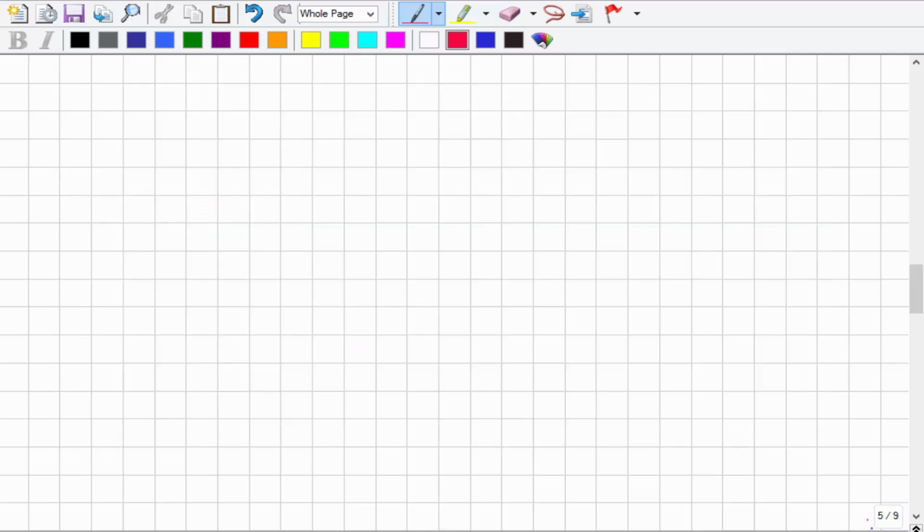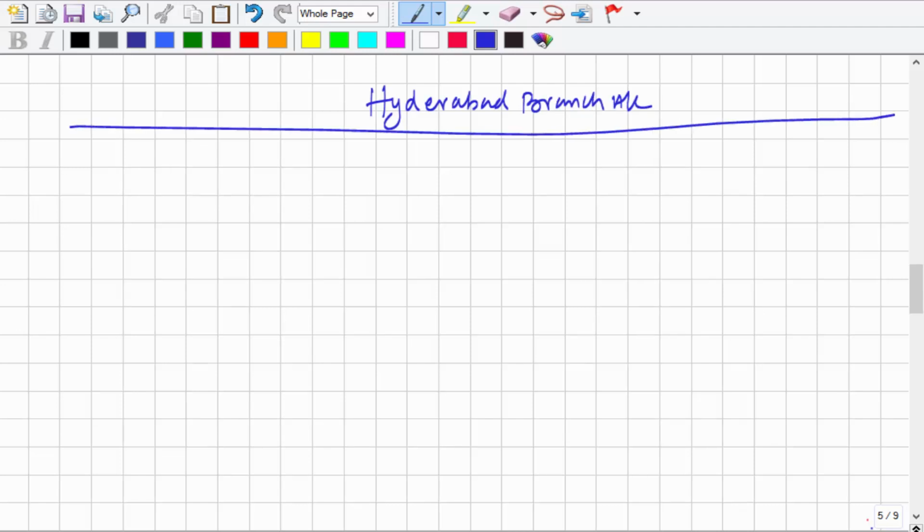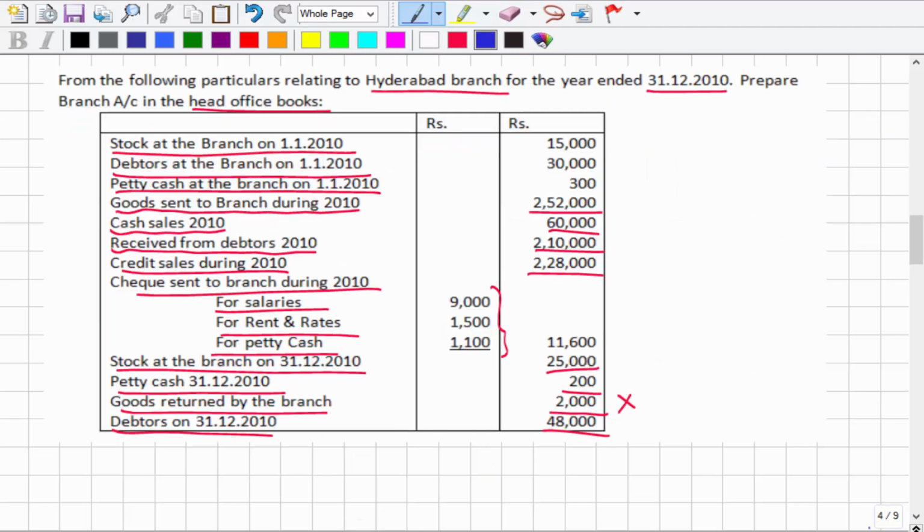So let me prepare. We have to open Hyderabad branch account. Right, we'll start with opening balances. So what are the opening balances we have? We have stock, we have debtors, we have petty cash. So three items.